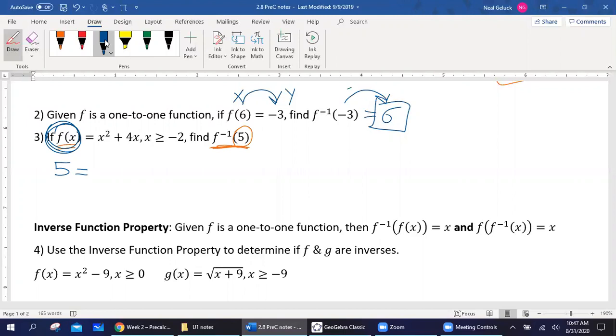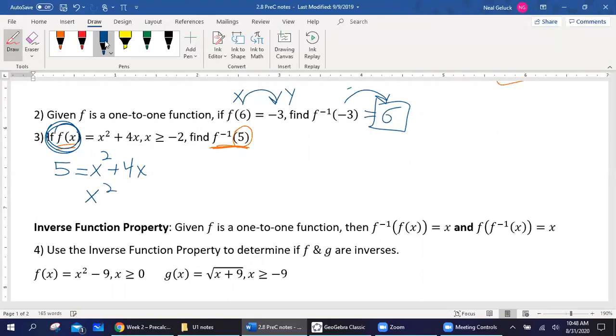So basically it's saying if 5 goes to something in the inverse, that something, because remember they flip the x's and y's, must be the x in the original. So I'm setting the output to 5. So 5 equals x squared plus 4x.